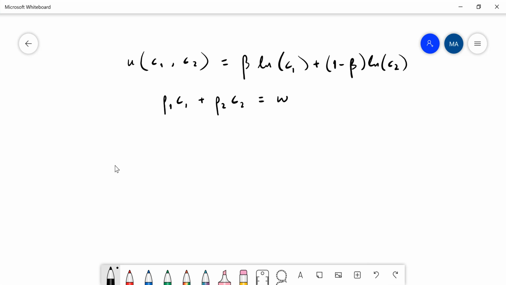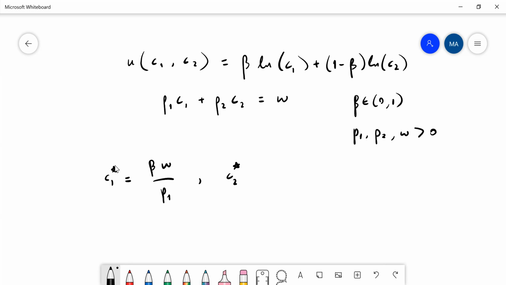In this model, obviously beta is between 0 and 1, and P1, P2, and income are prices and income. These are positive and given. If you solve this, obviously the solution is this: a fraction beta of income is spent on the first good, and a fraction 1 minus beta of income is spent on the second good.